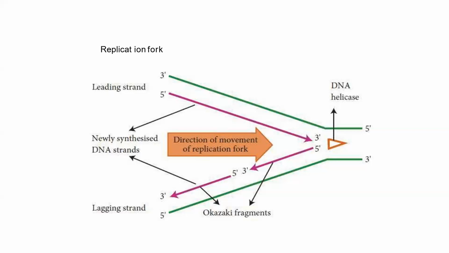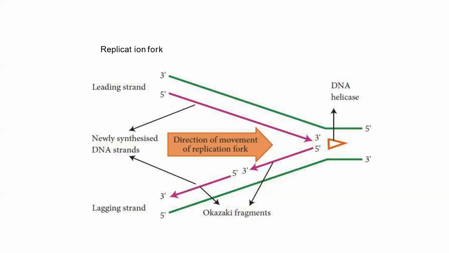They showed that one strand, which is called the leading strand, is synthesized continuously, whereas the opposite strand, that is the lagging strand, is synthesized in small pieces, which are called Okazaki fragments, in a discontinuous manner. The size of Okazaki fragments ranges from a few hundred to a few thousand nucleotides in different cells.